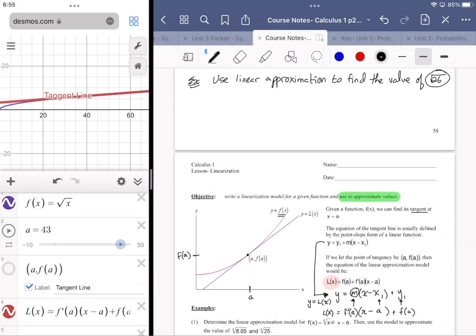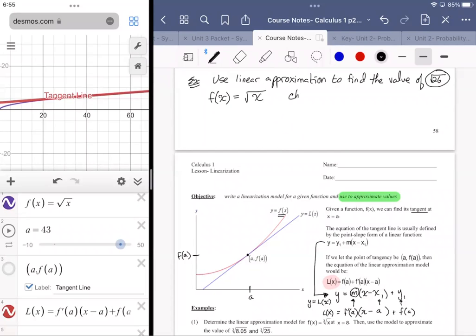So that function would be f of x is equal to the square root of x, which is what we have in Desmos, which is good. That's the whole point, right? So then what we would do is choose an x value that's near 26.